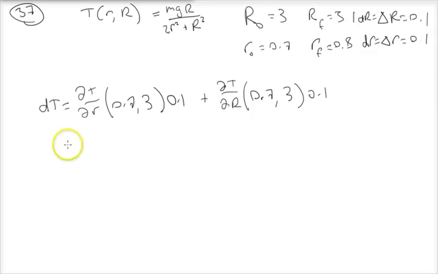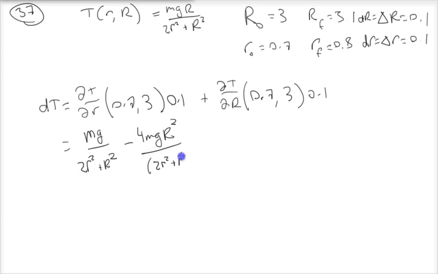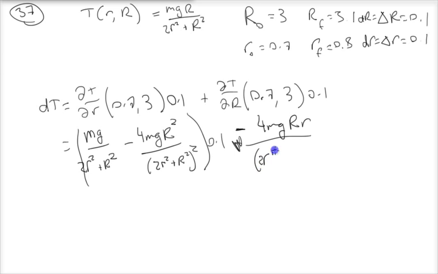You have to use the quotient rule, or your product rule if you will, and so that'll equal, I'm not plugging in values yet, mg(2r² + R²) minus 4mgr² over (2r² + R²) squared, and all that multiplied by 0.1, plus, and then the partial derivative with respect to big R, that's not a plus, that's a minus 4mgRr over (2r² + R²) squared, and all this times 0.1.